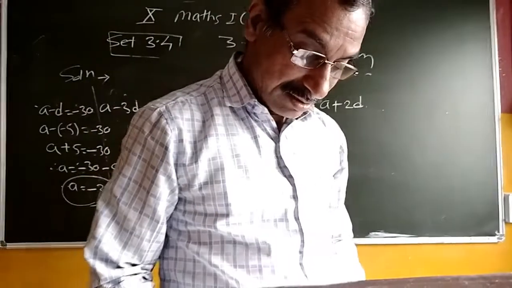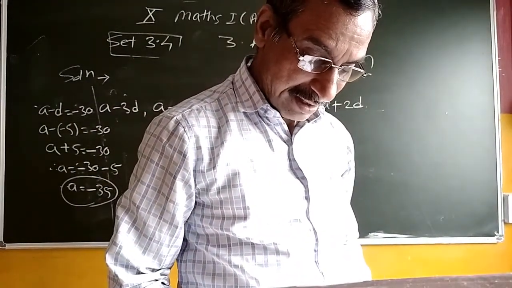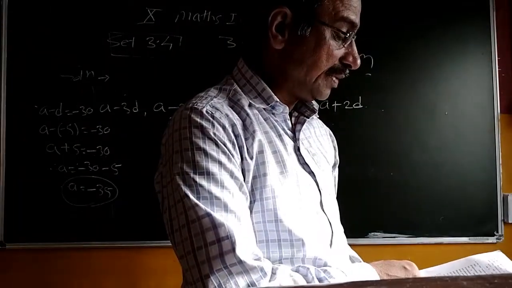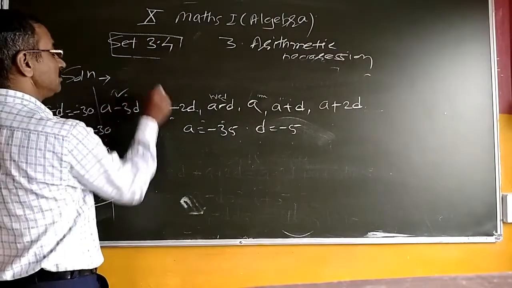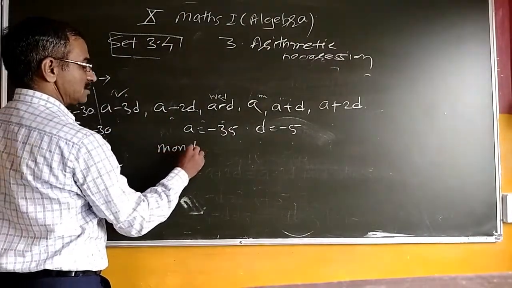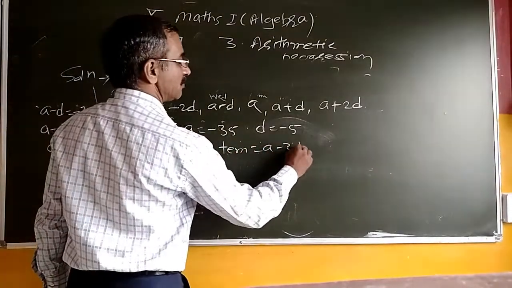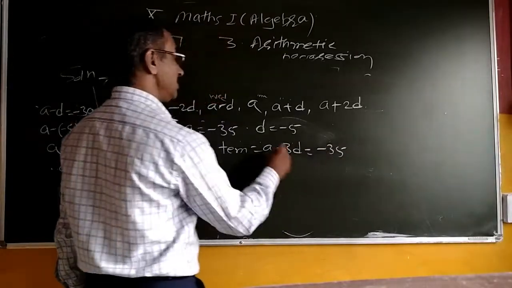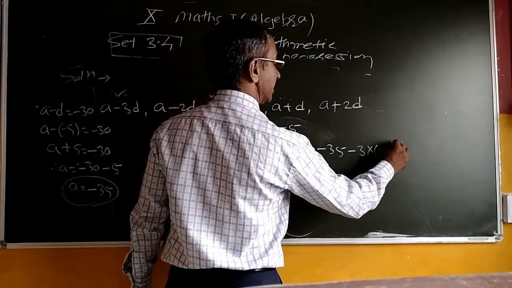So by using these values, we are finding out what they ask. With A and D, we find out all the temperatures of the given days. First is A minus 3D, which is Monday's temperature. By putting the values of A and D, that is minus 35, here is minus 3, and D's value is minus 5, taken in bracket.